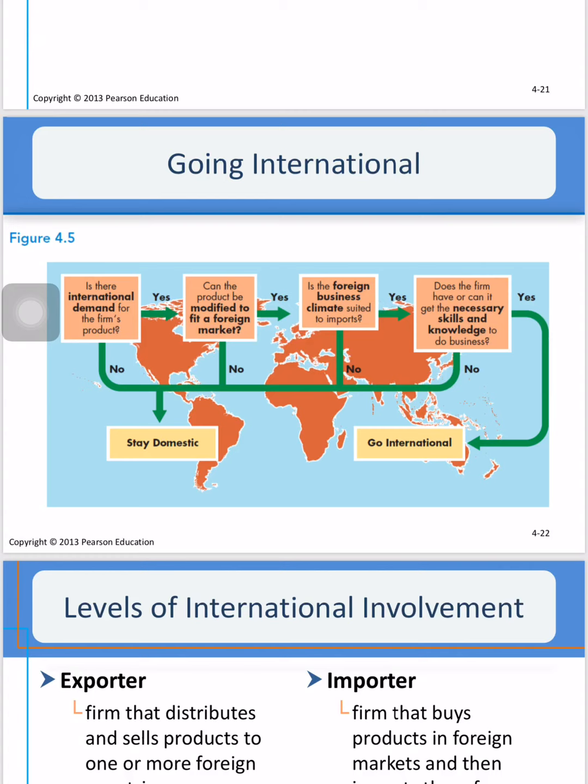You outsource to another company, another supplier, to complete your products. Offshoring involves outsourcing to other countries. Okay, I hope you are clear about going international, all these factors.